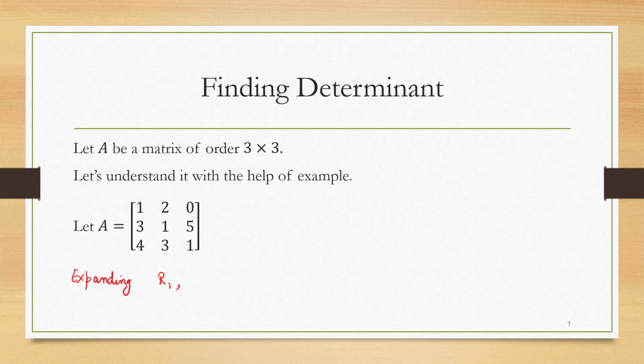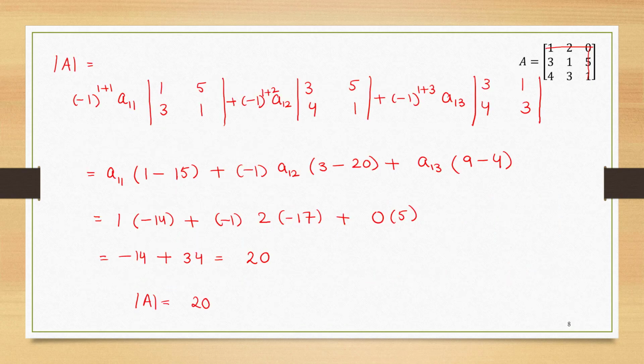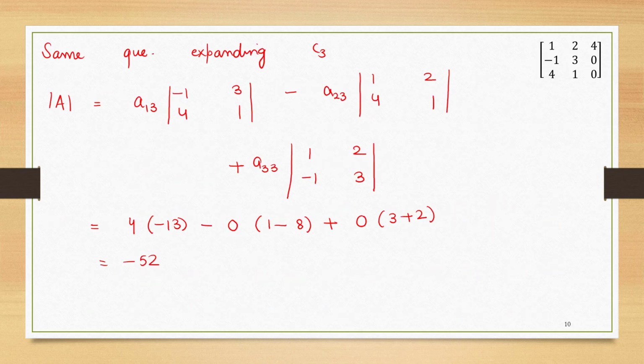In this example also, this is positive, negative, positive. So if you have decided the sign of the first value, the others will follow suit. If first is positive, then it will be positive, negative, positive. If first is negative, then it will be negative, positive, negative.